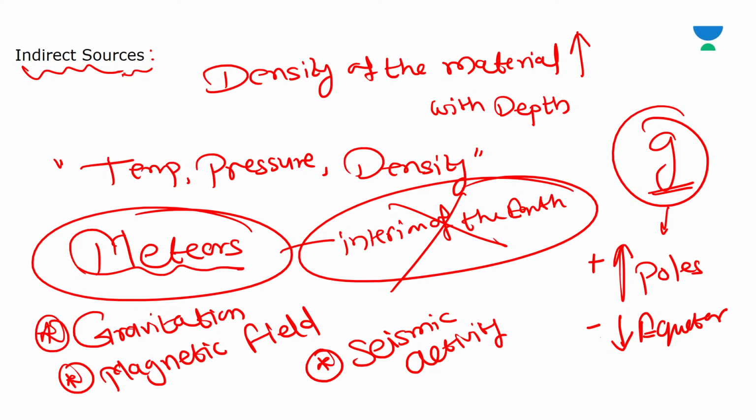The gravity value also differs according to the mass of material. The uneven distribution of mass of material within the earth influences this value. So the reading of gravity at different places is influenced by many other factors.